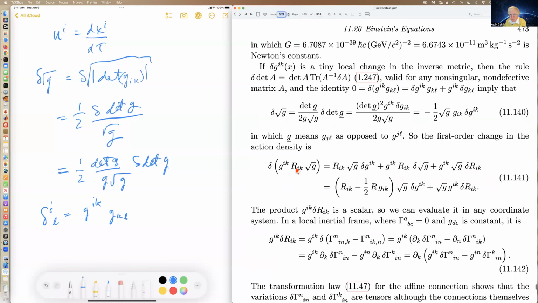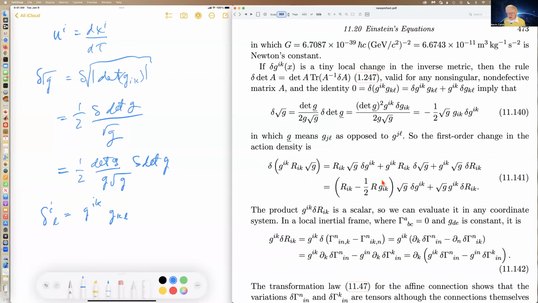And so altogether then, the change in this structure here is R_ik times the change in g^ik, plus g^ik times the Ricci tensor times the change in square root of g, and then g^ik times square root of g times the change in the Ricci tensor.